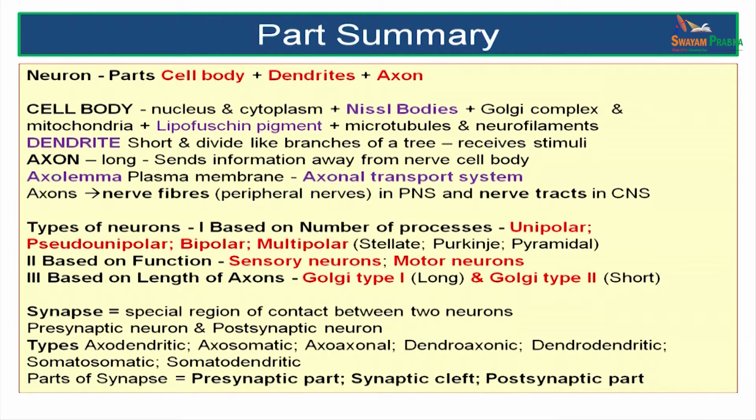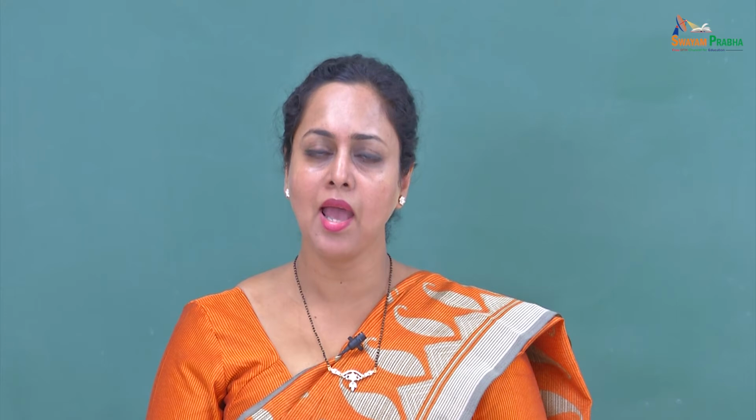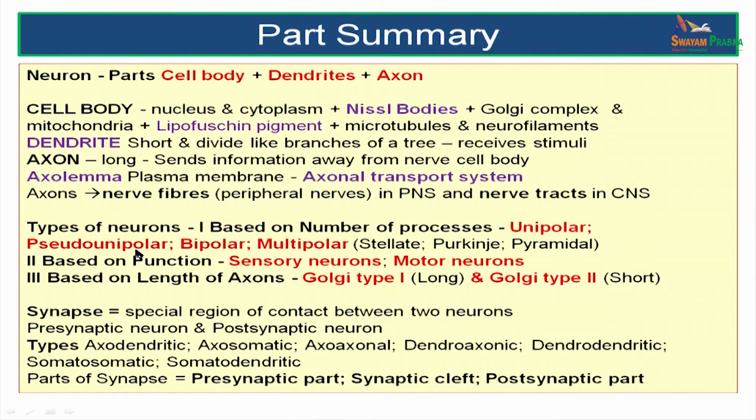Let's summarize what we have studied so far. So far, we have studied the structure of the neuron. How do you classify a neuron based on various features like its length, its shape and its function. So we have talked about unipolar, pseudounipolar, bipolar and multipolar types of neurons based on the number of processes they have, based on their function as sensory neurons or motor neurons.